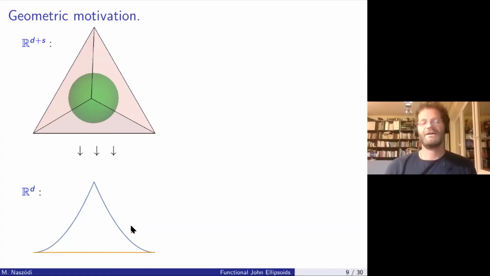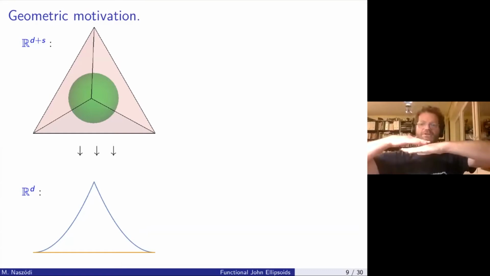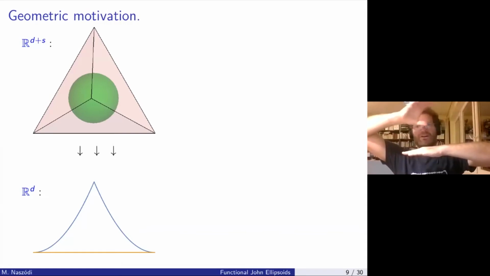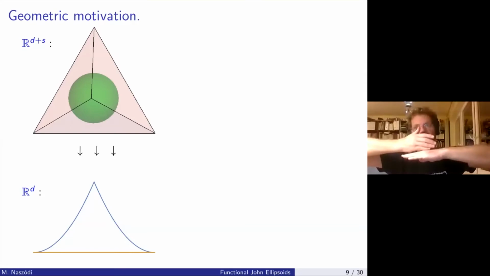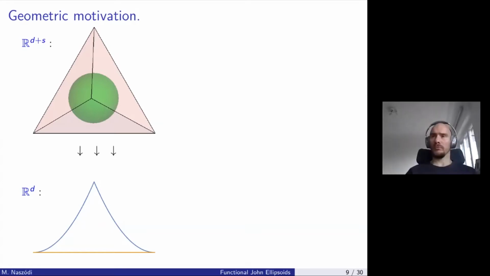In fact, I have to tell you the truth. The truth is that it's not just one example; it's all the examples. It turns out that every log concave measure in Rd can be obtained as a convex body in R^(d+S) if S is large enough, by taking the uniform measure on the convex body. Now, this is not true exactly, of course, but it's true in the limit.